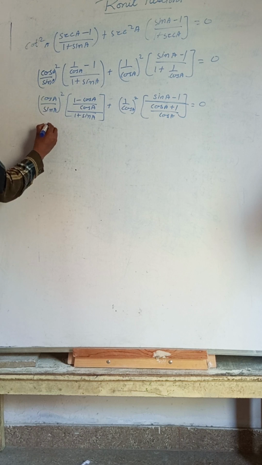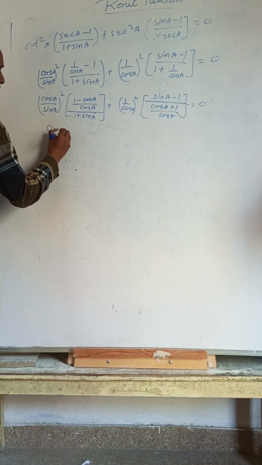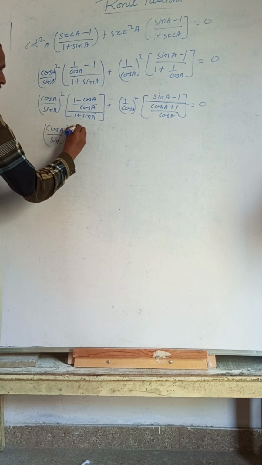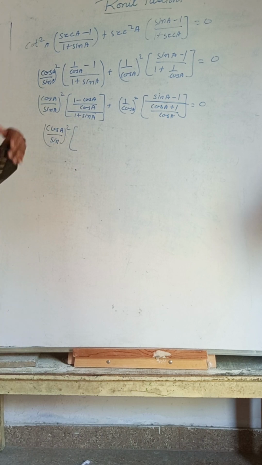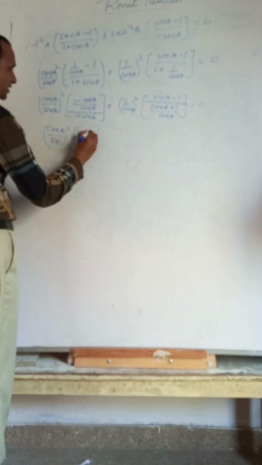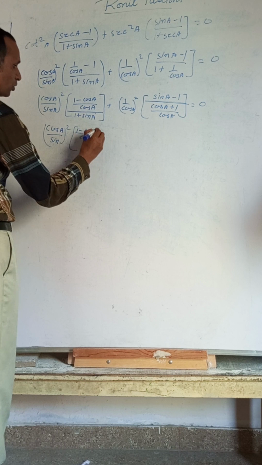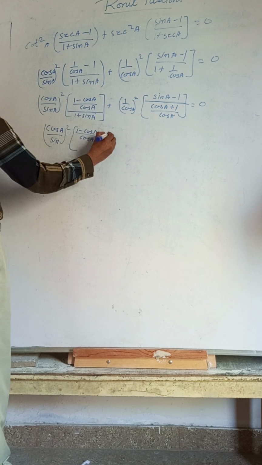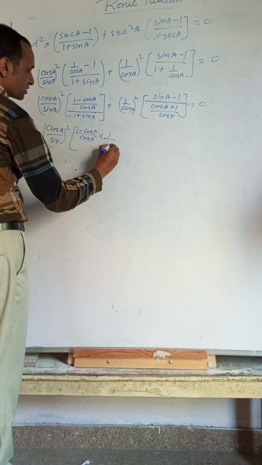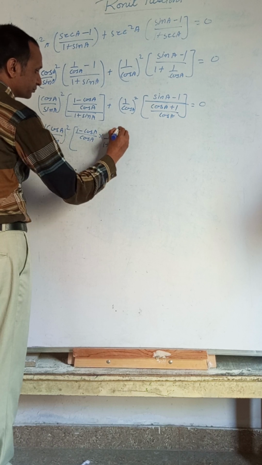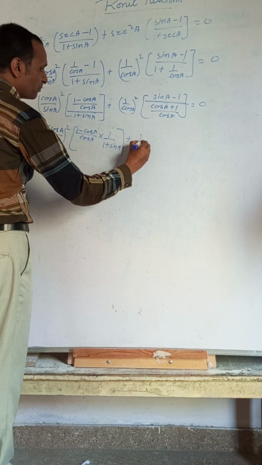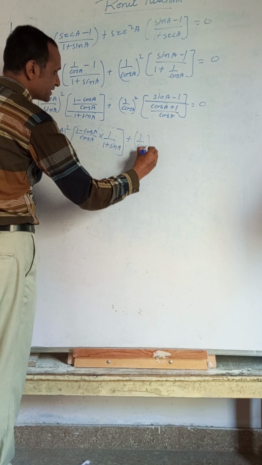Now we can write it like this: cos A by sin A whole square. This can be written with up and down, in the fraction form. So it can be written 1 minus cos A by cos A, into this number will go upside, 1 by 1 plus sin A, plus 1 by cos square, as it is written.